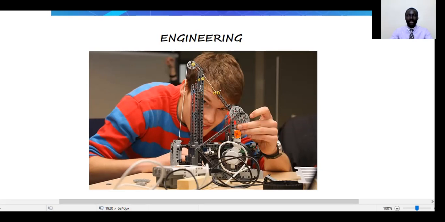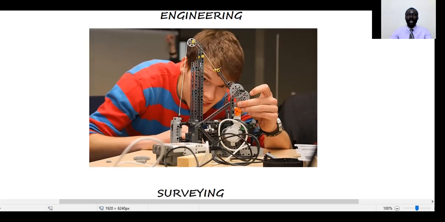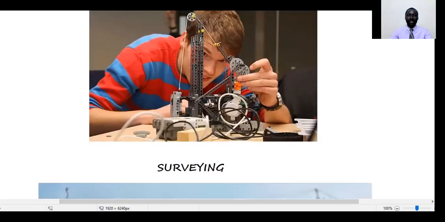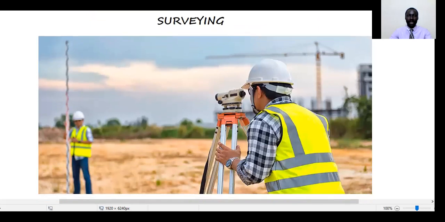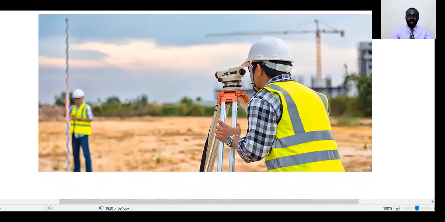Other than engineering, trigonometry can also be applied in surveying. For example, the government wants to extend the road from where it has stopped to different parts of the country. They will have to do some survey.